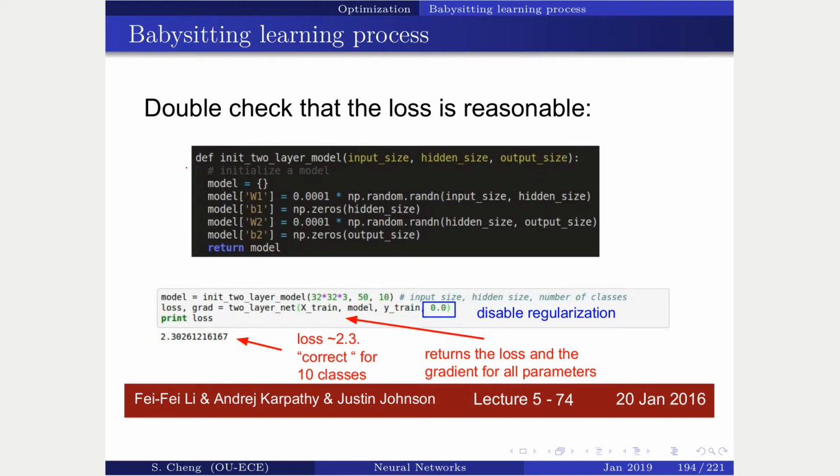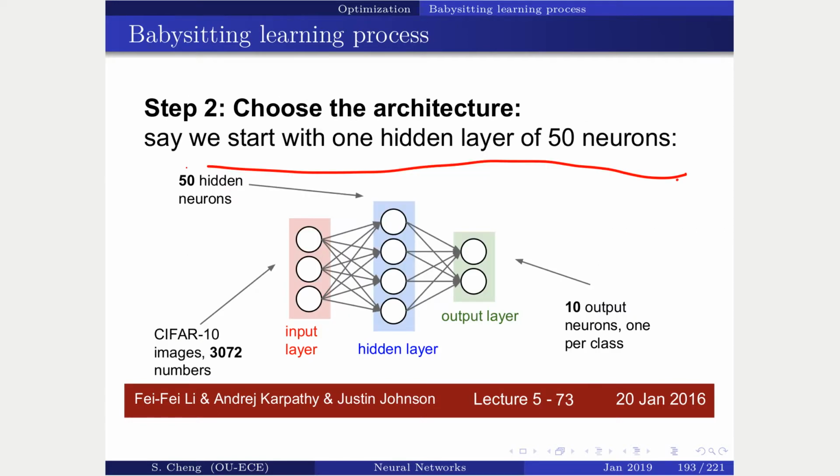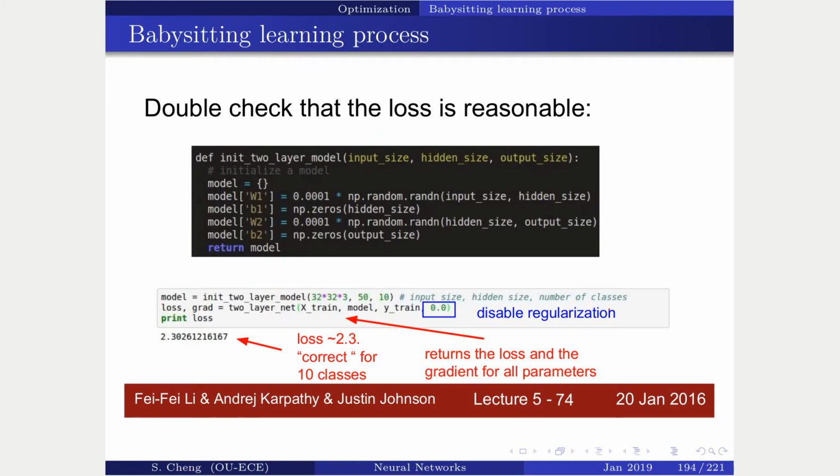To start with, it's good to just check whether your loss is reasonable. So for example here, let's say I have a 2-layer neural network. What was the model again? We have 10 outputs, 2 layers here, 1 hidden layer, and 10 outputs at the end, and we are using softmax.